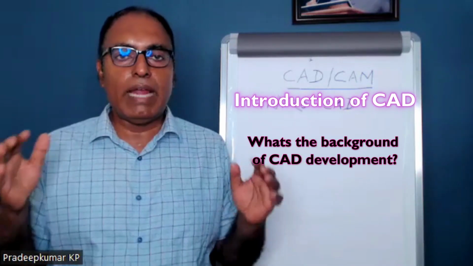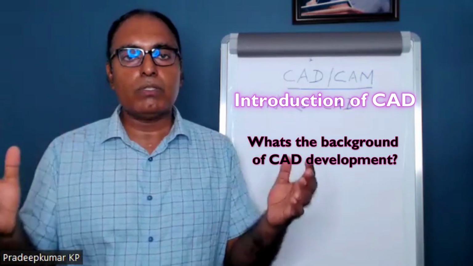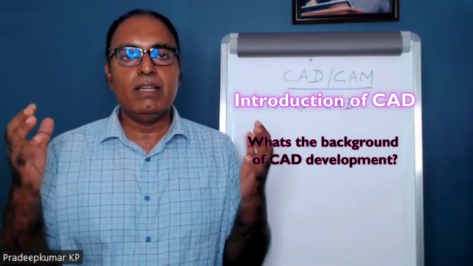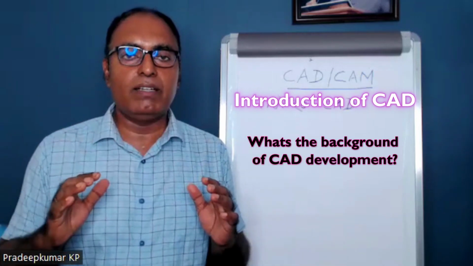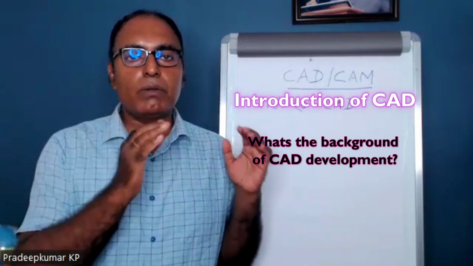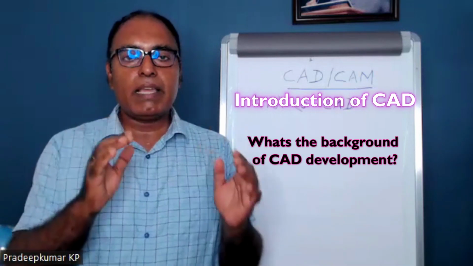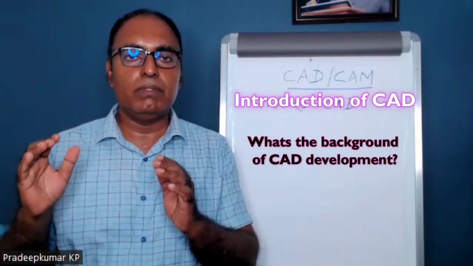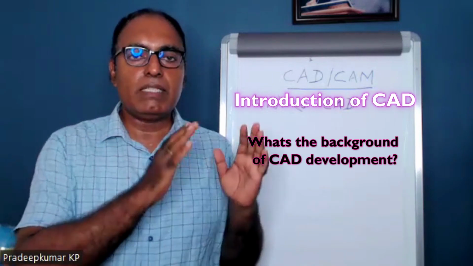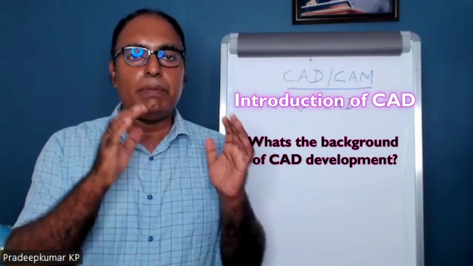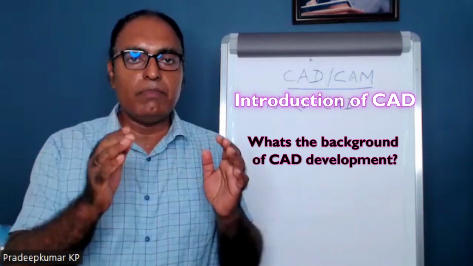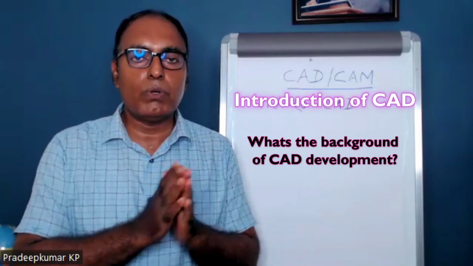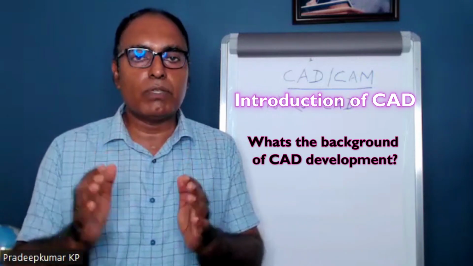At the end, whatever packages are available in the CAD field are the effort of different groups of people, and they came with different names for their software products. So CAD has been developing in different parts of the world, and AutoCAD is also one of those software packages.